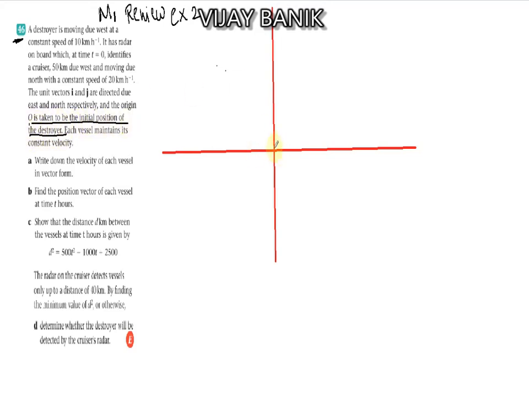So this is where the destroyer is. Let me write, this is the destroyer over here. And what was the destroyer doing? It was moving due west at a constant speed of 10 km per hour. So we know north, south, east, west. This particular destroyer is moving west, so I will give an arrow mark, west at 10 km per hour.